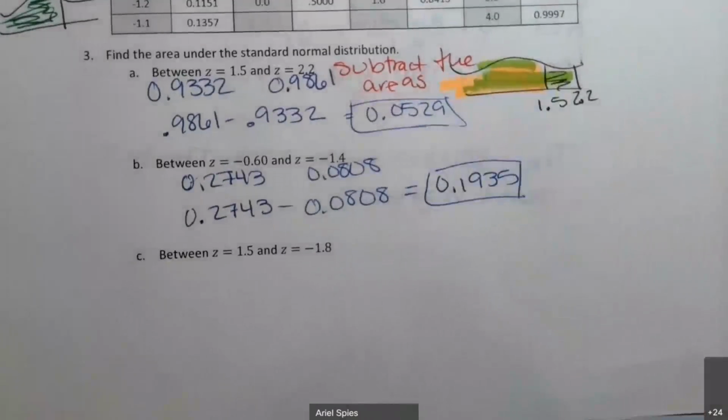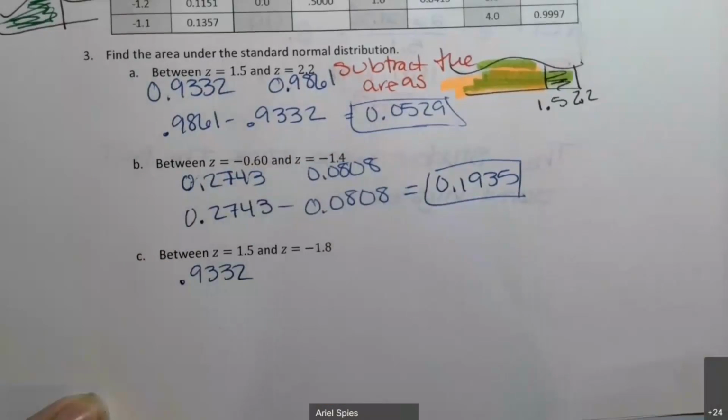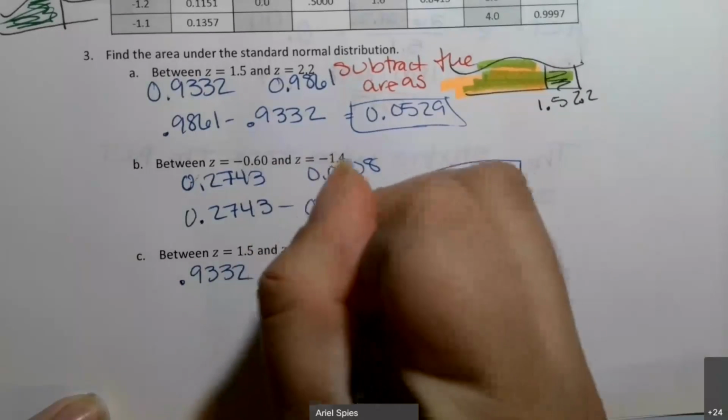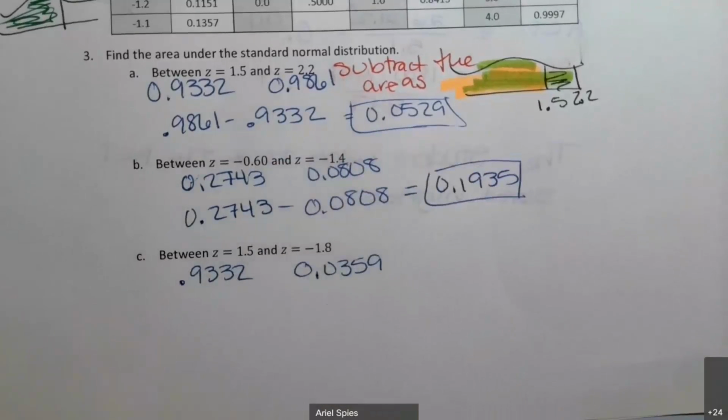Okay, and then I want to do the same thing for C. So the first z-value is positive 1.5. That is 0.9332. And then the second one is negative 1.8, which is 0.0359. And then I want to go ahead and subtract these.